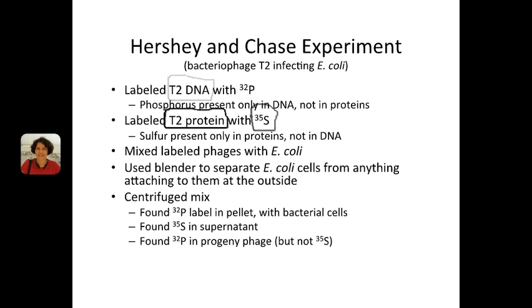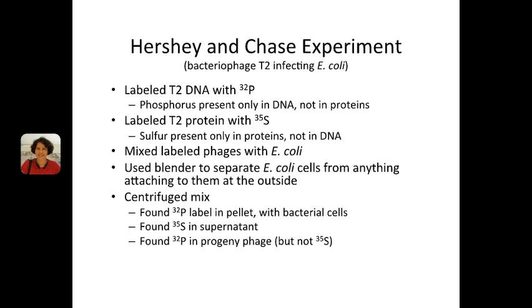The reason for choosing these particular radioisotopes is that phosphorus can be found in DNA, in all the phosphate groups in each nucleotide, but there is no phosphorus in proteins. In the same way, sulfur can be found in proteins in some of the amino acids like cysteine and methionine, but there is no sulfur at all in DNA.